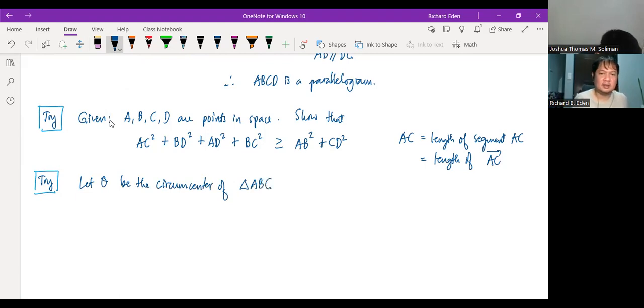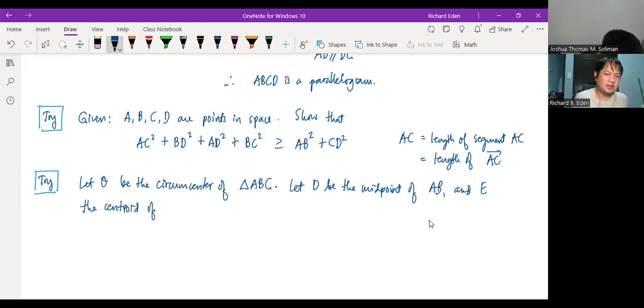Let D be the midpoint of AB and E the centroid of triangle ACD.